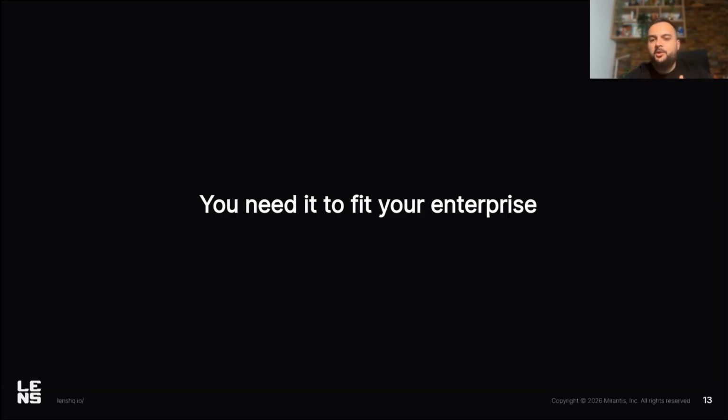Here comes another problem, and this one is a practical one. None of this matters, right? You can have the best governance in the world, but if it doesn't run with the systems you already work with, it's not going to work for you. It has to fit your enterprise. So let's look at how this connects together and where it runs.